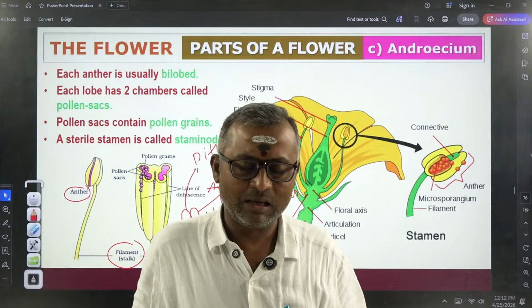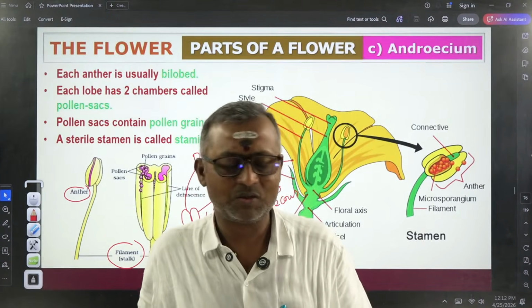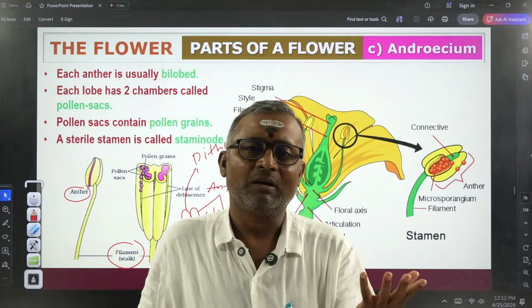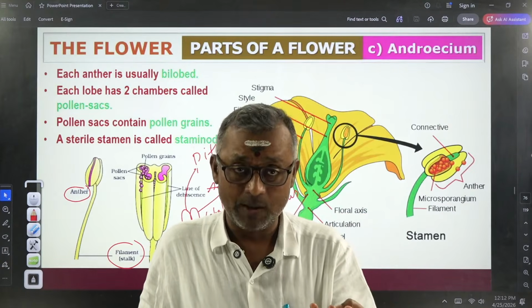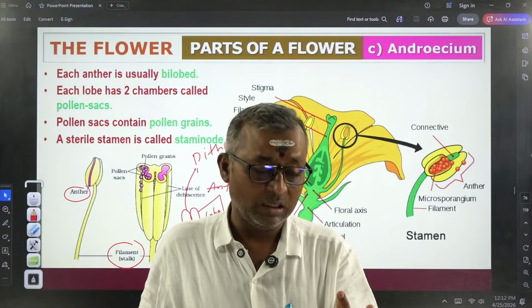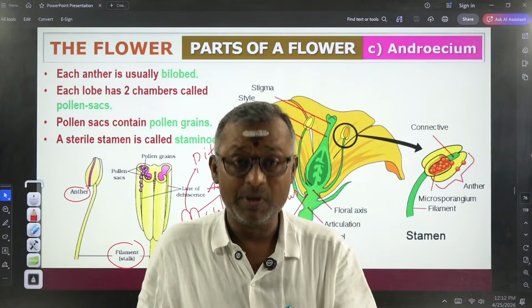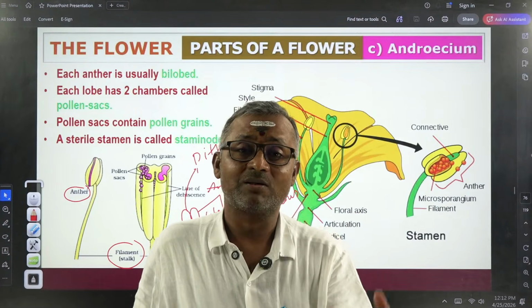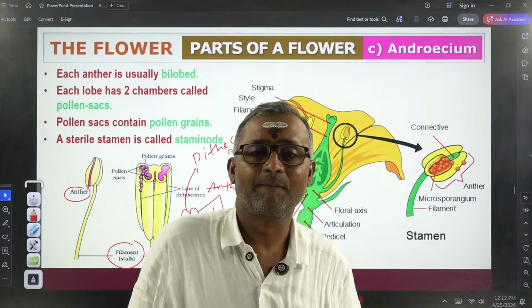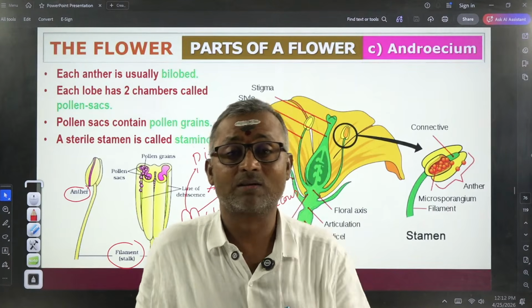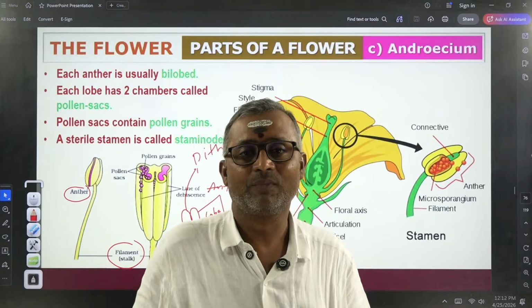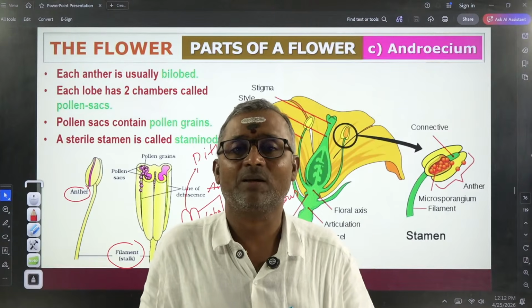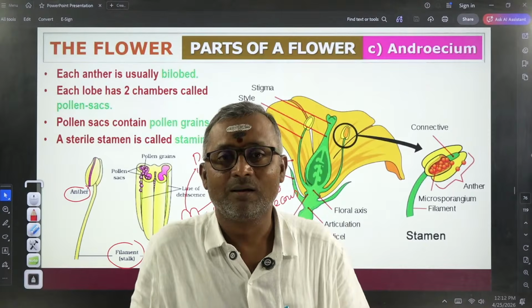Dicots with dithecous anthers, so many examples we have. Like you can see in tomato, chilli, datura, bean. If I list like this, so many are there. Understood? Say monocots like rice, wheat, maize, lily, onion.